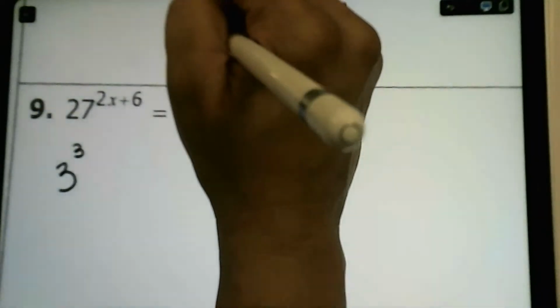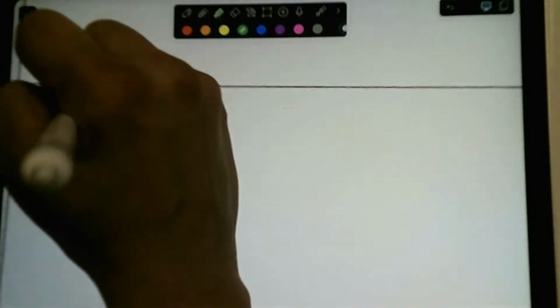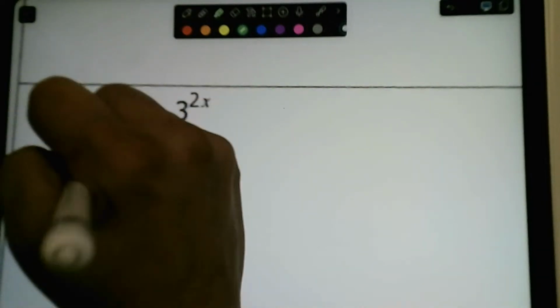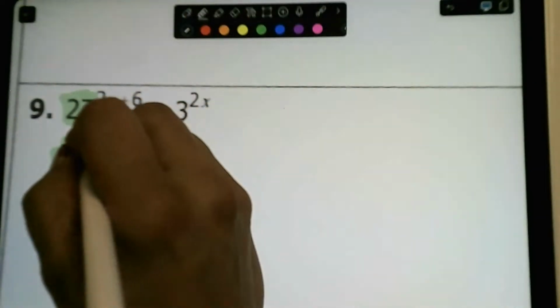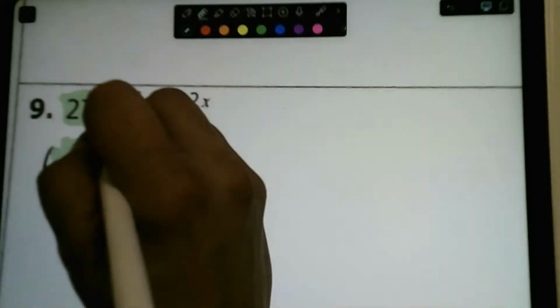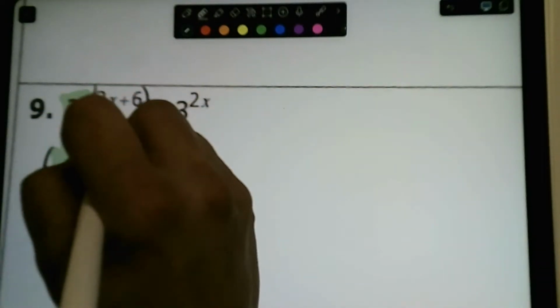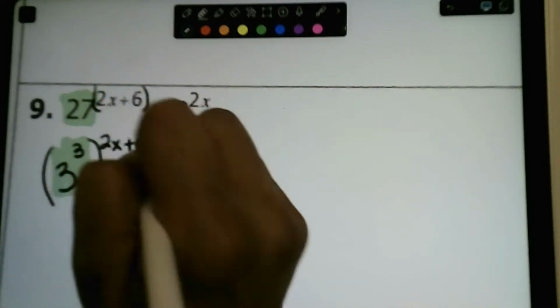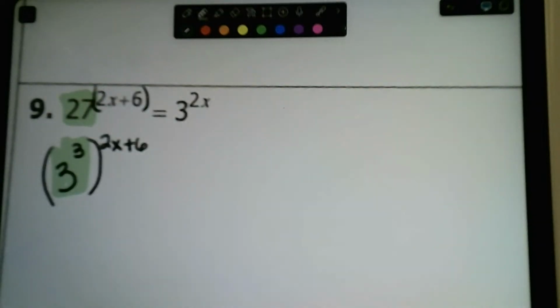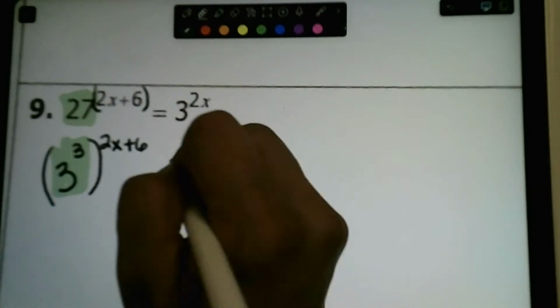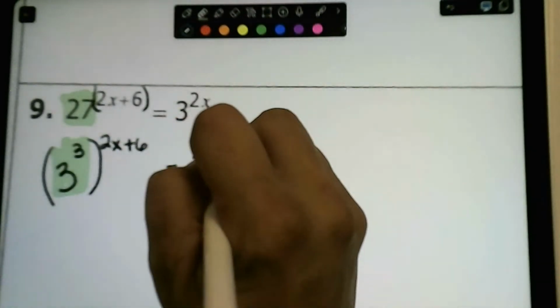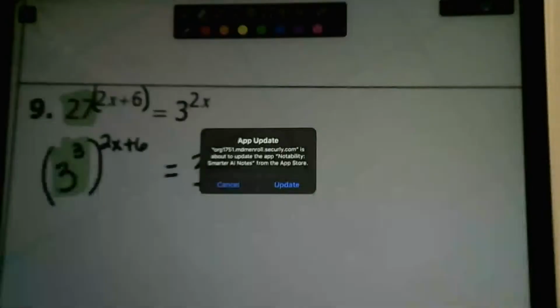Okay. So that's this piece right here. And then we're raising this to this power right here. So 3 to the 3 is 27. And so 3 to the 3 is being raised to the power of 2x plus 6. I didn't do anything to the right-hand side.